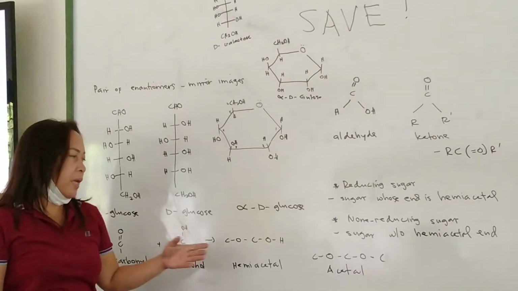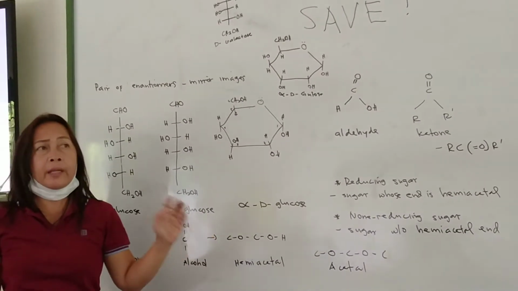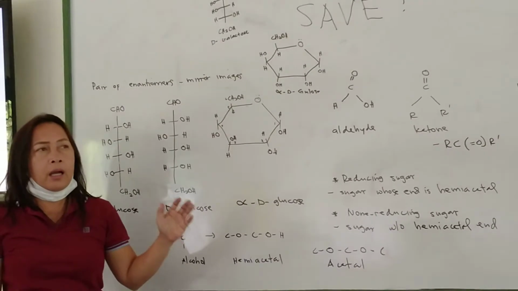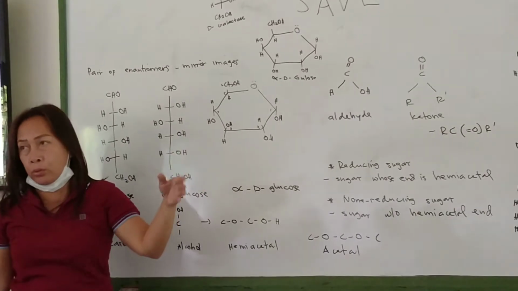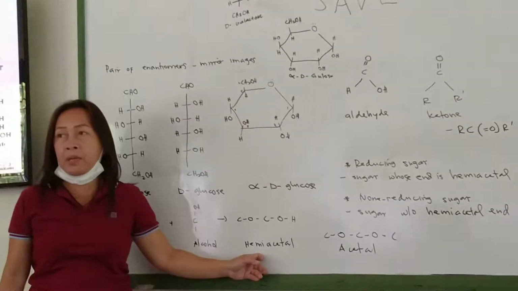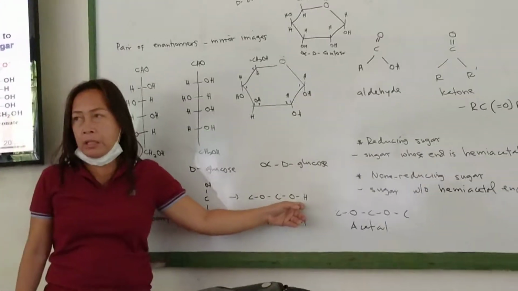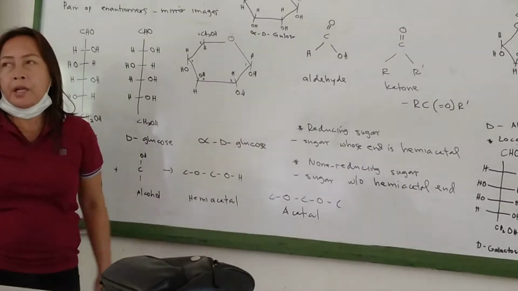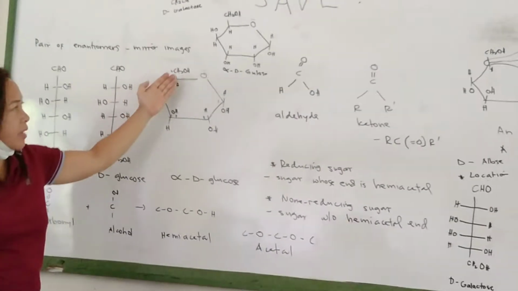When we say hemiacetal, you have C-O, C-OH. Remember? If aldehydes or aldoses or ketones react with alcohol, that will form hemiacetal. You have C-O, C-OH. Now, how to locate the hemiacetal group?